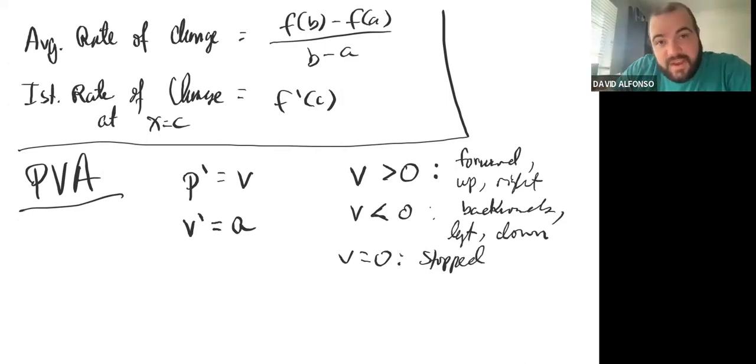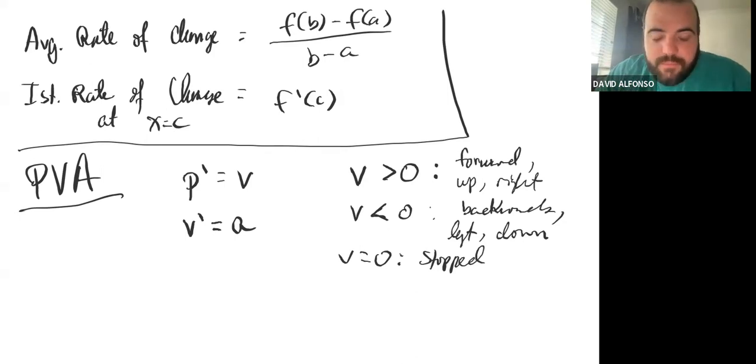But if the velocity is negative, you're moving backwards. So a positive acceleration means the velocity is getting less negative, so you're slowing down, but going backwards. If the velocity is negative and the acceleration is negative, the velocity gets more negative, meaning it's speeding up backwards.